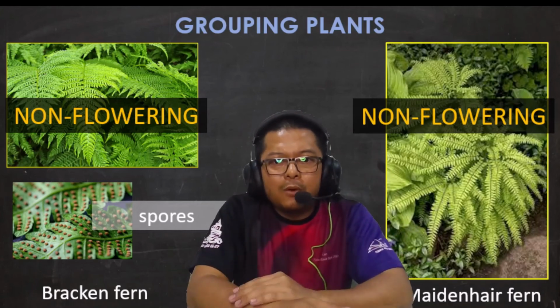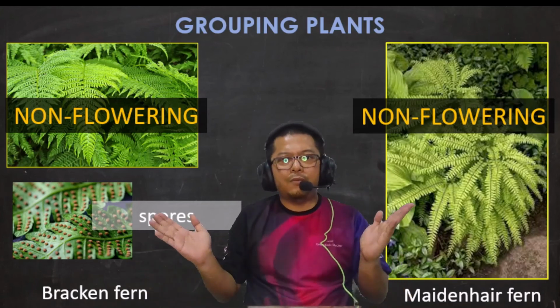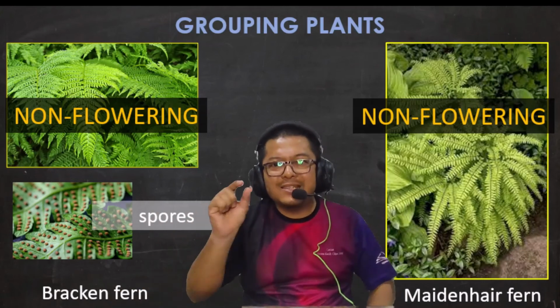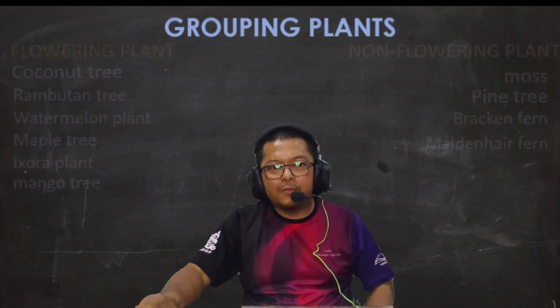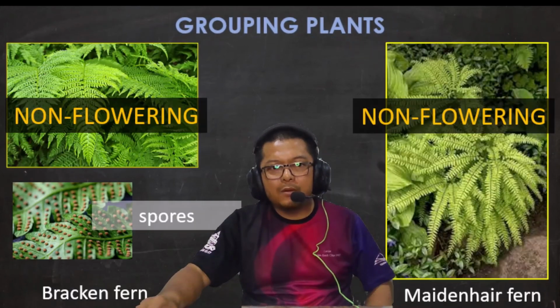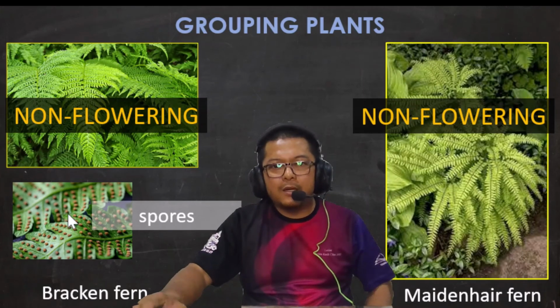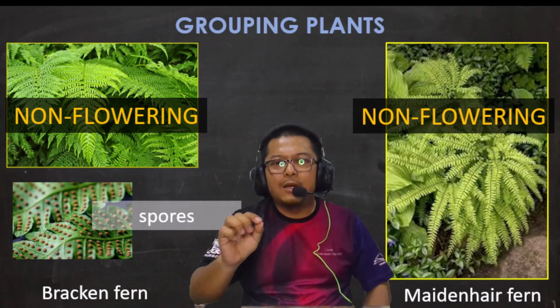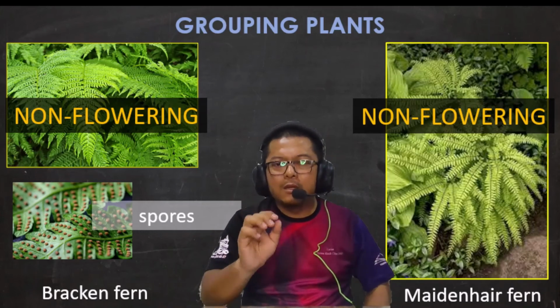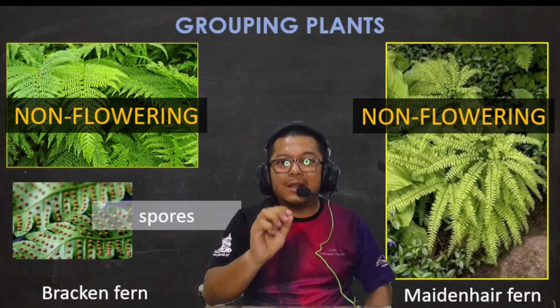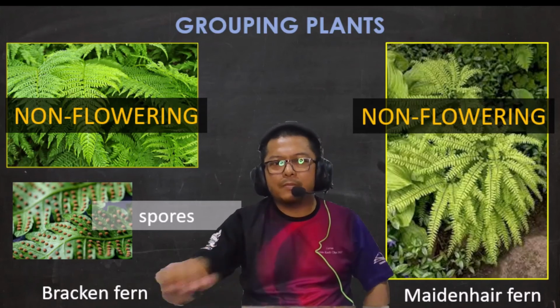But for these two ferns, they do not have seeds like that. They have spores. The small dots are called spores, and these spores are like seeds. It's not a seed, but it's like a seed.